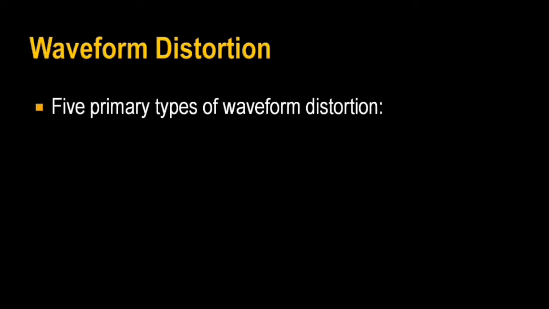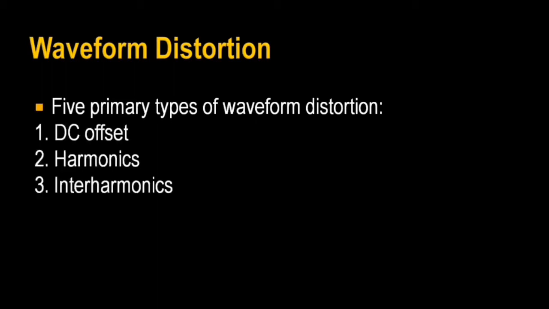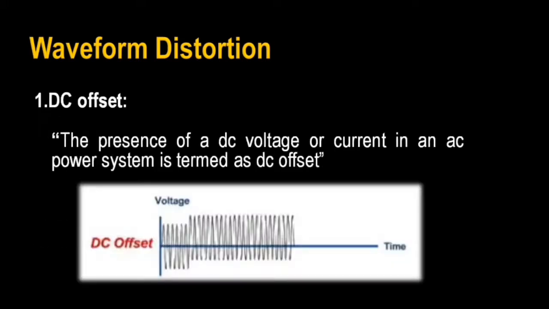We have 5 primary types of waveform distortions: DC offset, harmonics, interharmonics, notching, and noise. According to the DC offset, the presence of a DC voltage or current in an AC power system is termed DC offset.